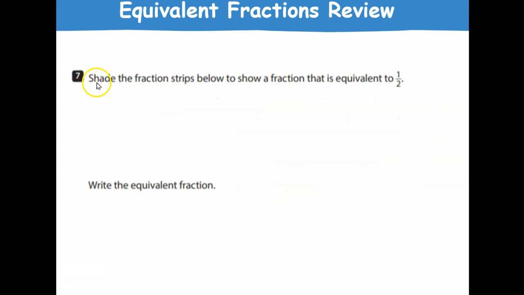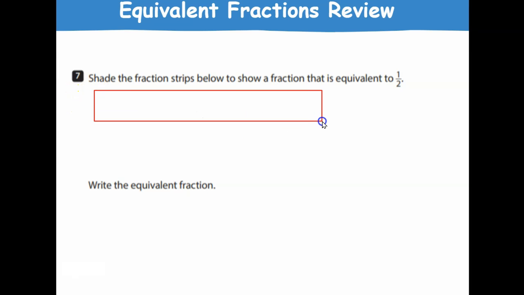So it says shade the fractions below to show what is equivalent to a half. So this is what you need to do. First, draw one of these. Draw 2 of them. Okay. The first one, cut in half, like that.